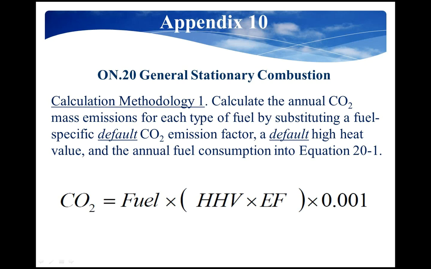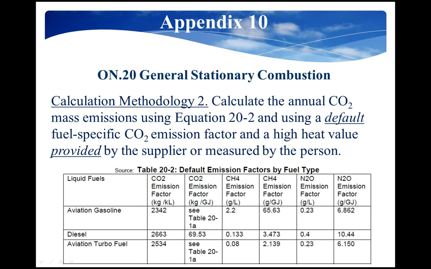There's nothing here you have to do to get information from your facility other than the amount of fuel that you used. The next method then starts to become more facility specific. It's the same calculation, only now you use a default emission factor, but a high heat value that is either provided by the supplier or measured by the person or the facility.